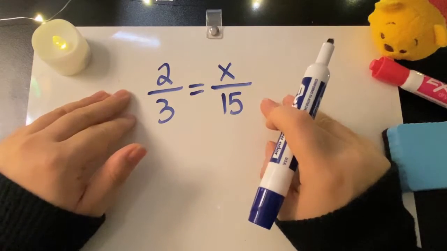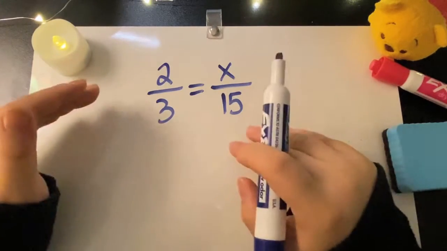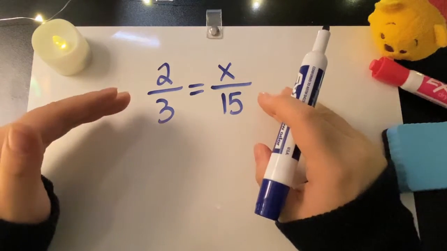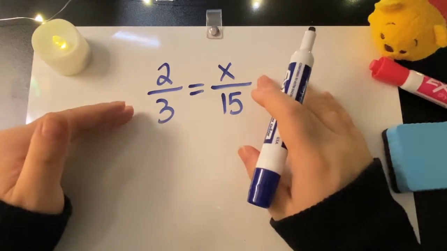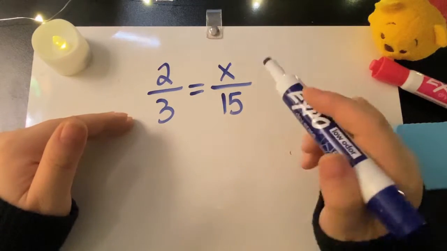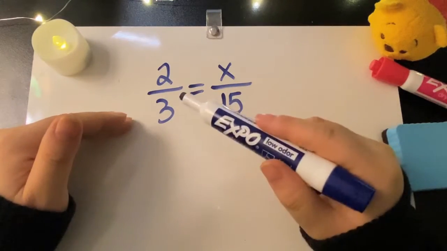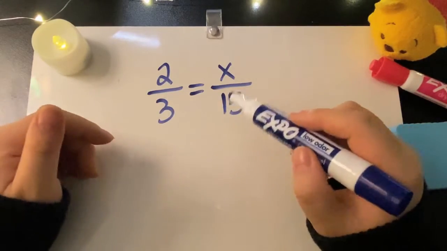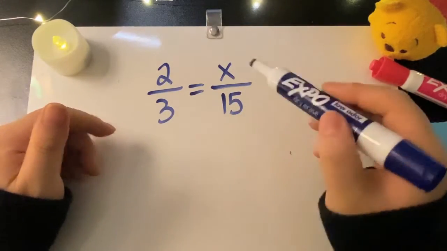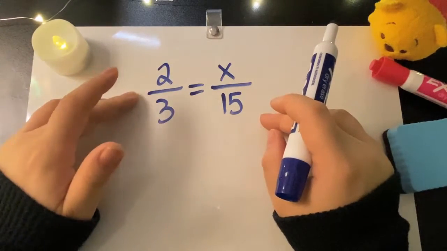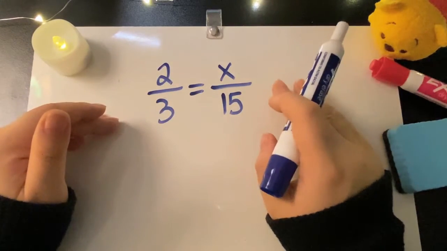Now, from here, you may have learned this, I assume, if you've heard of proportions, that you've also learned to solve for x directly here just by a one-step motion, which is to multiply by 15 on both sides, which would give you 15 times 2/3, or 2/3 of 15 equals x.